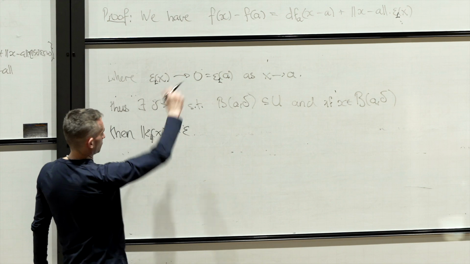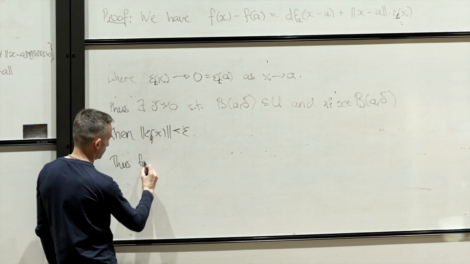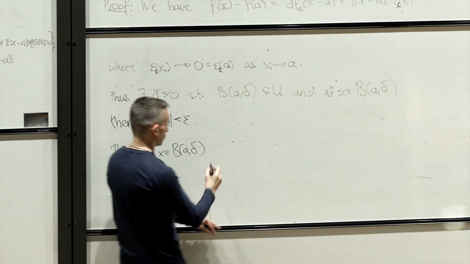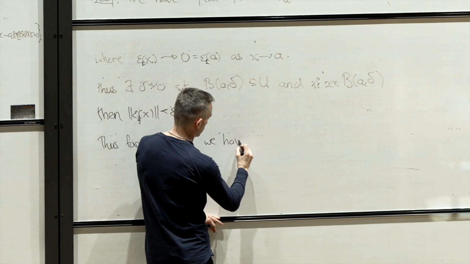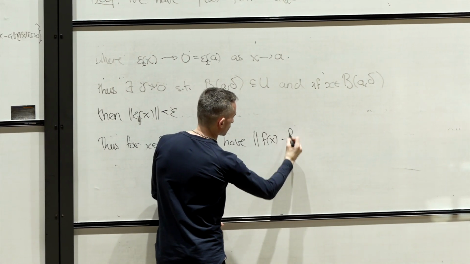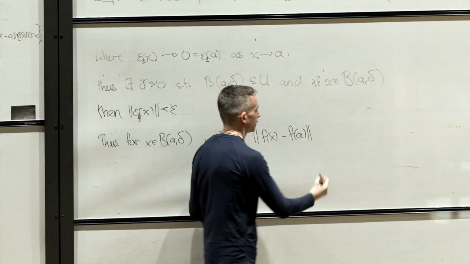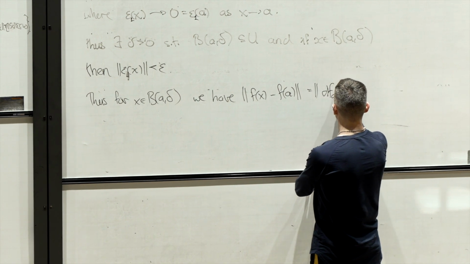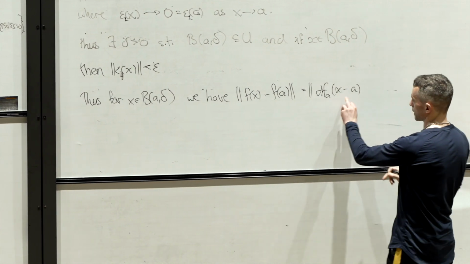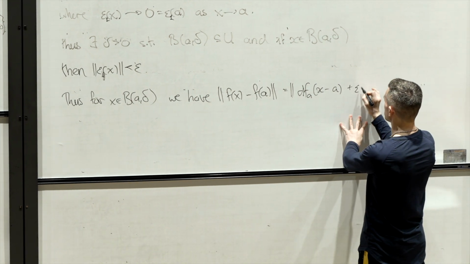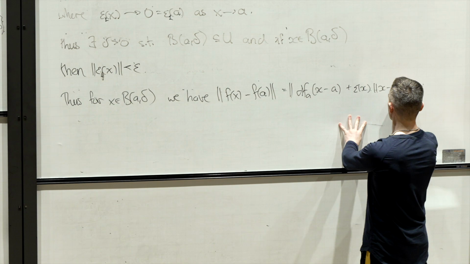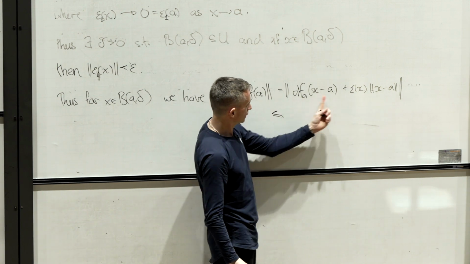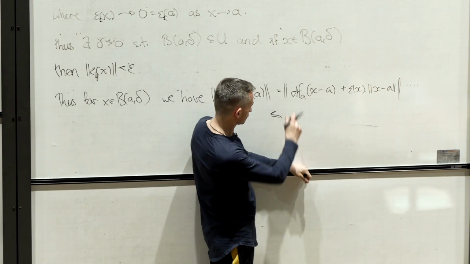Okay, but then for x in this ball, we have the distance between f of x and f of a is just equal to the derivative applied to x minus a plus epsilon of x times the norm of x minus a. So then we just use the triangle inequality and the definition of the norm of the derivative.